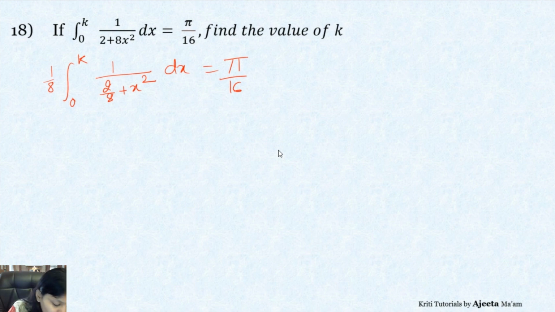Now here we have to find the value. Do you all remember, students, the special integral formula? So 1 by 8. What will be the answer? 1 upon x square plus a square is 1 upon a tan inverse x upon a. So what will you get here?